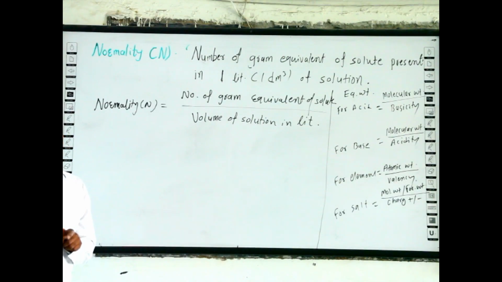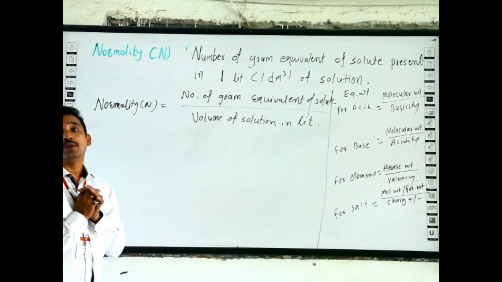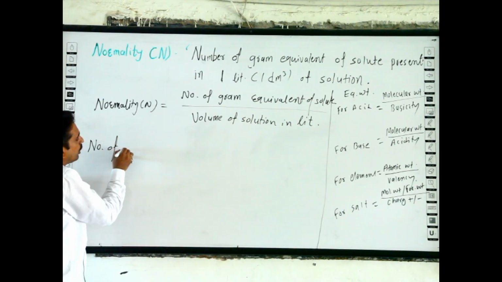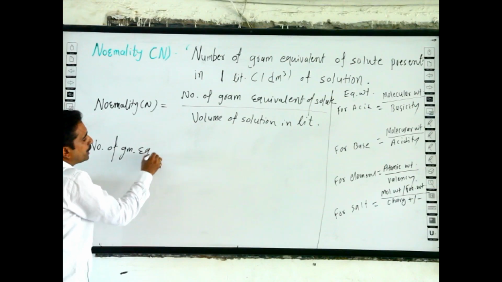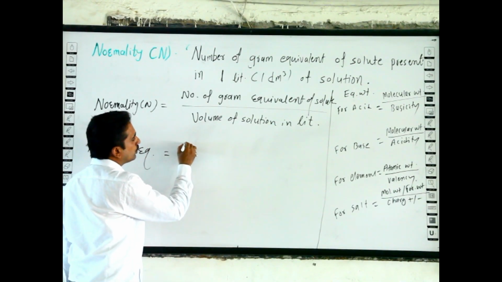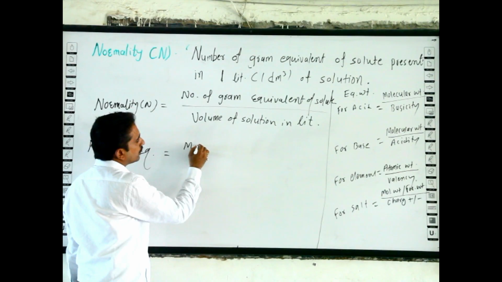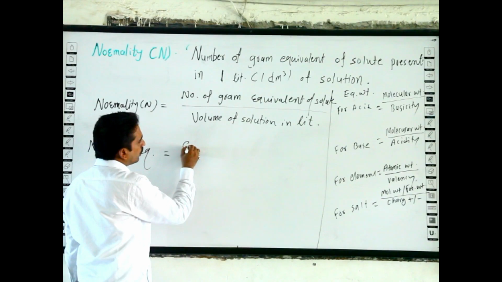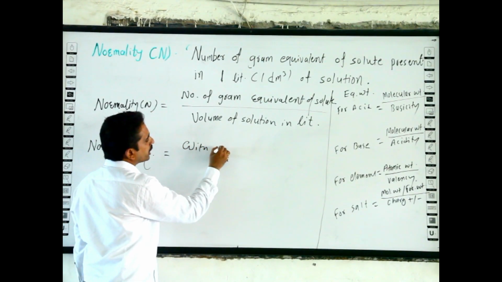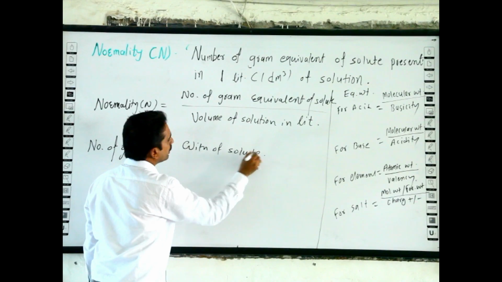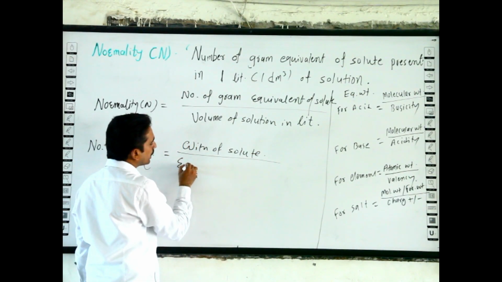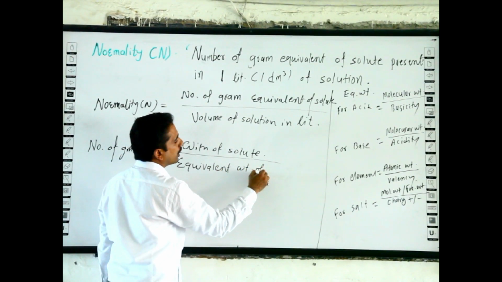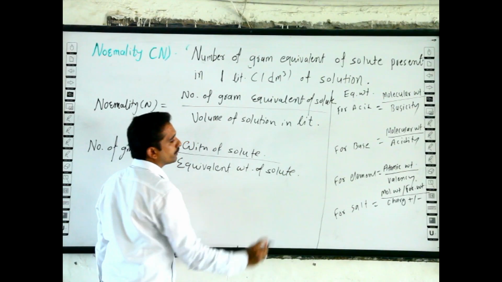Then we have to find out the number of gram equivalents. Then we will write the formula. Number of gram equivalents is equal to weight of solute divided by equivalent weight of solute.